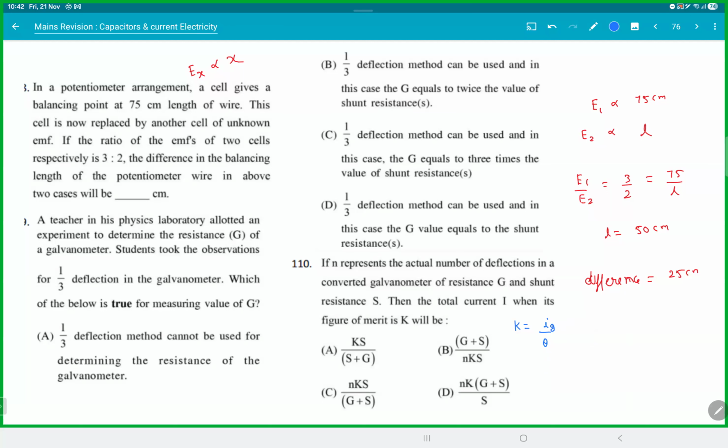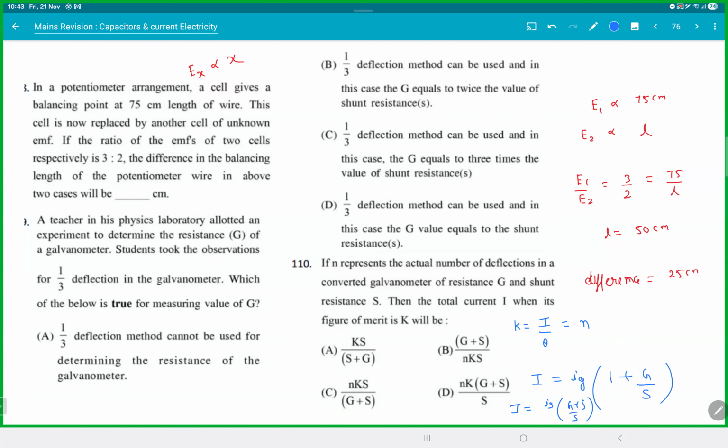Total current is I. This is n. And what is the total current I? Ig times 1 plus Rg, which is G plus S. Let me check this out.